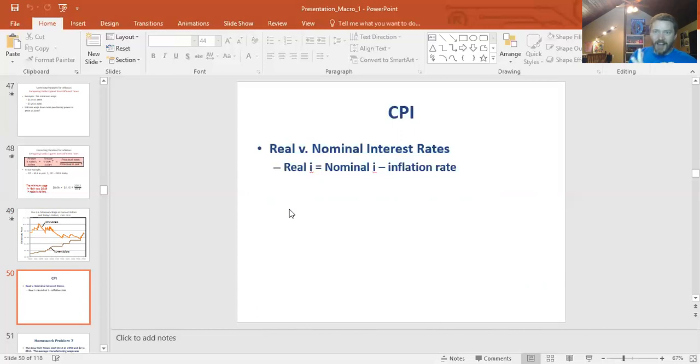You can't buy 5% more stuff because inflation has occurred. People care about real interest rates, not nominal interest rates. It's important to be mindful of this and always think in terms of real interest rates when you're thinking about the economy or even about your own personal finances.